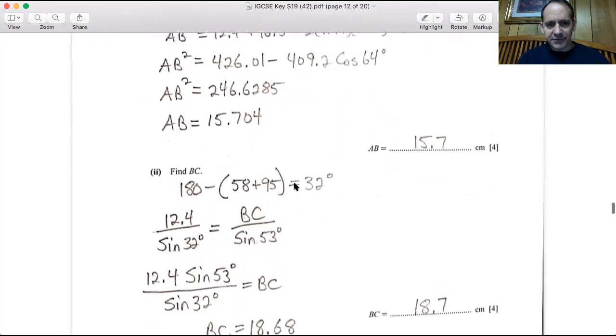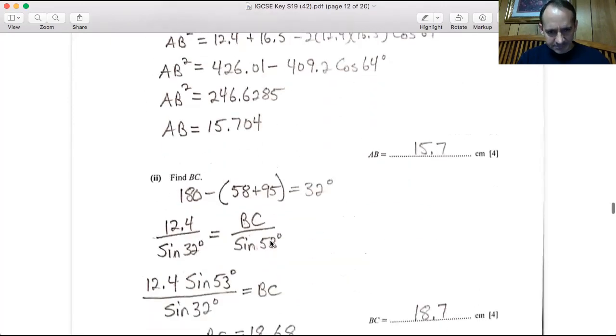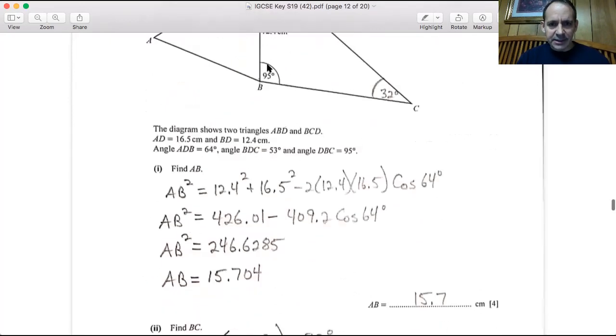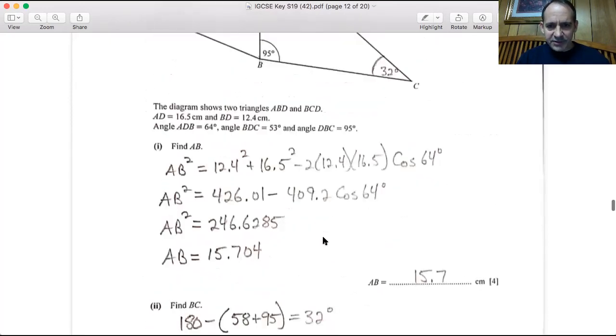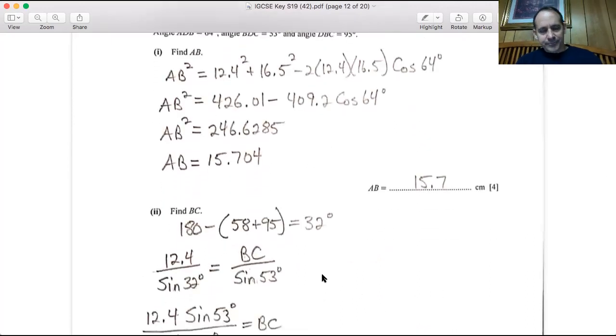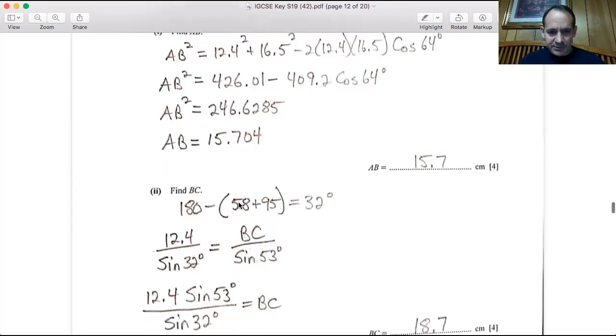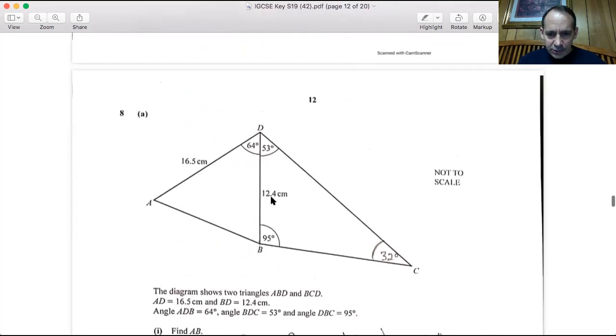This should be a 53, not a 58. Should be 53 plus 95, and when you take 180 minus that, you should get 32. So I don't know why I put 58 down. Should be 53. Then once you have the 32, now you have a pair.